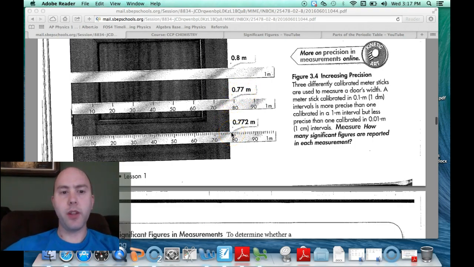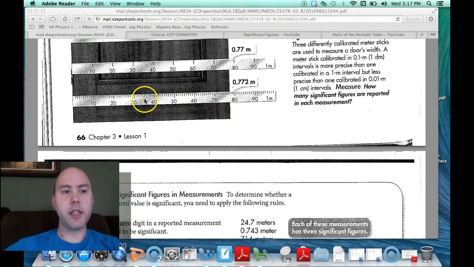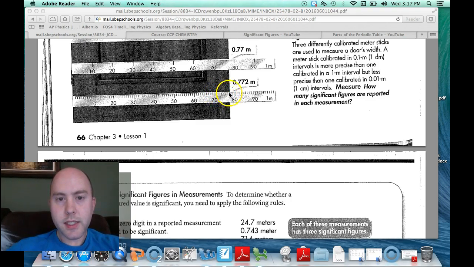Let's look at the last one. In the last meter stick, every little number here is 1 centimeter. So if you count over, clearly you're in the 70s. So 71, 72, 73, 74, 75, 76, I think I'm miscounting. 1, 2, 3, 4, 5, 6, 7, there we go.